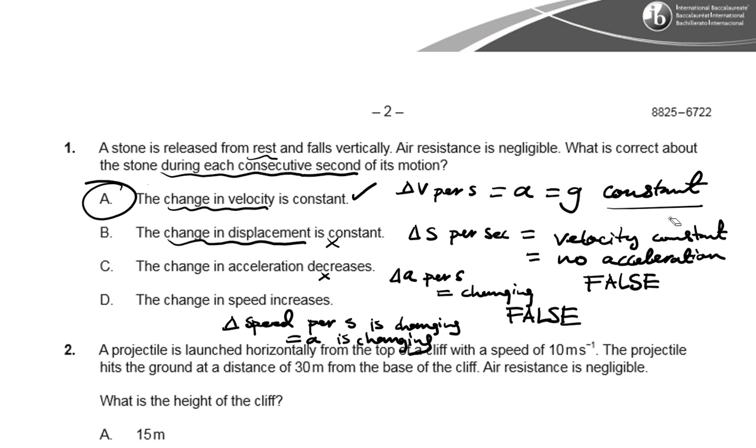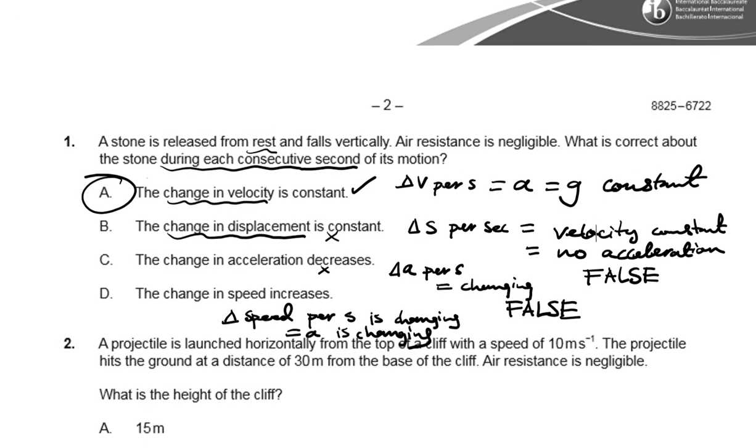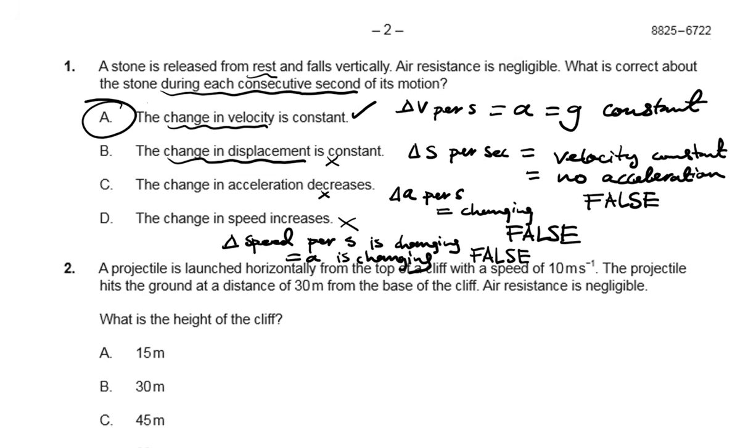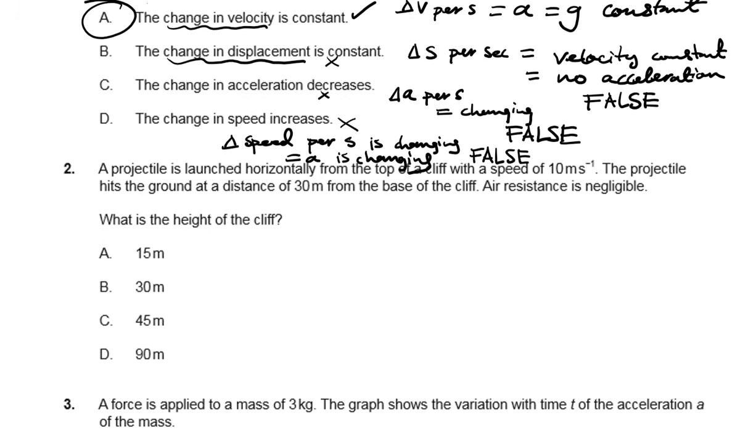We have a constant acceleration. So this is wrong as well, false. This is talking about jerk, but when we have a constant acceleration, we have zero jerk. And so our answer is A.